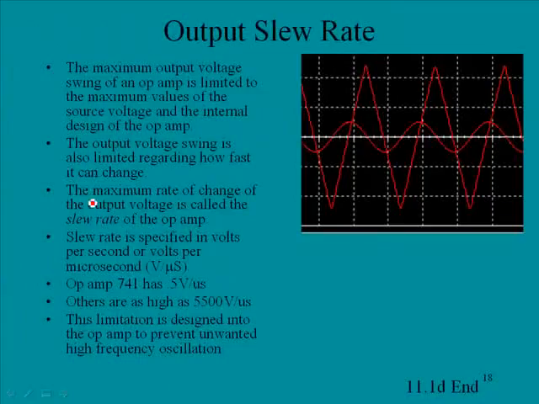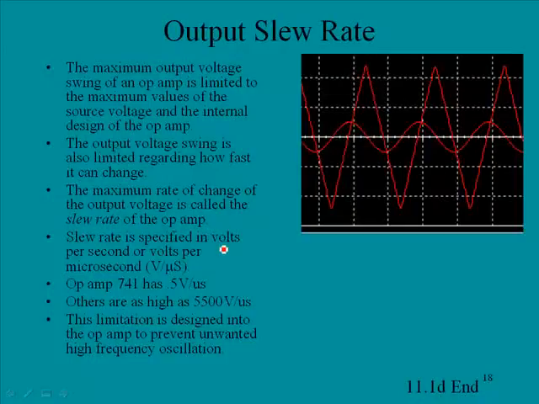Okay, output slew rate. The maximum output voltage swing of an op-amp is limited to the maximum values of the source voltage and the internal design of the op-amp, and many op-amps have differing internal designs. The output voltage swing is also limited regarding how fast it can change. The maximum rate of change of the output voltage is called the slew rate of the op-amp.